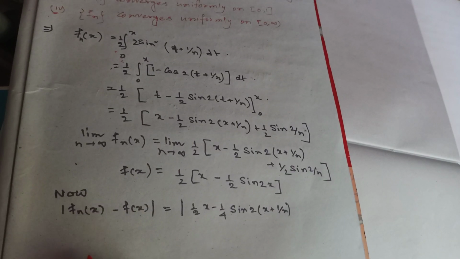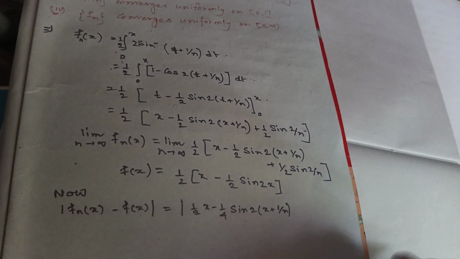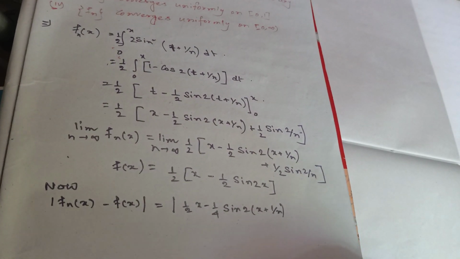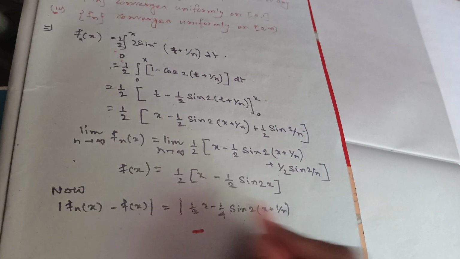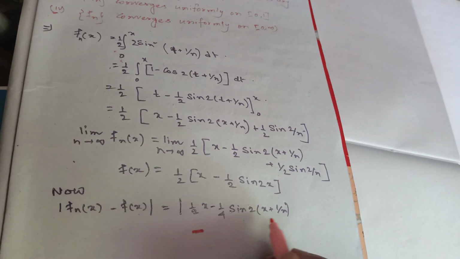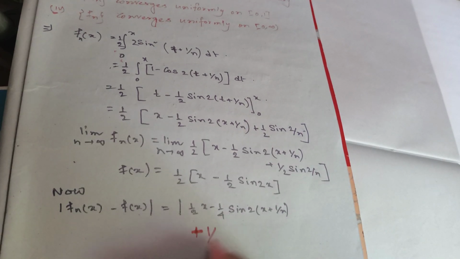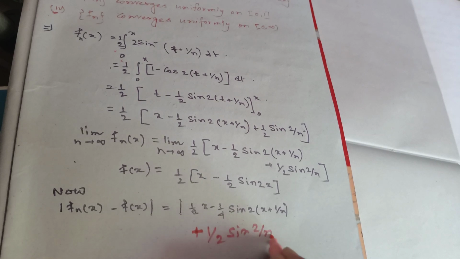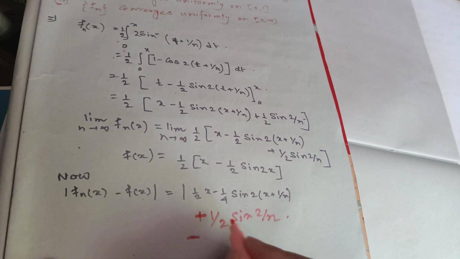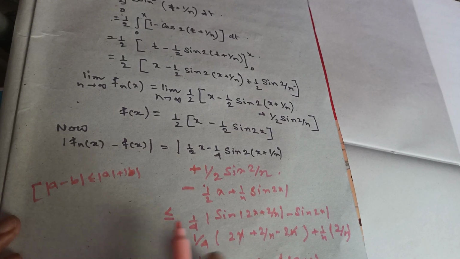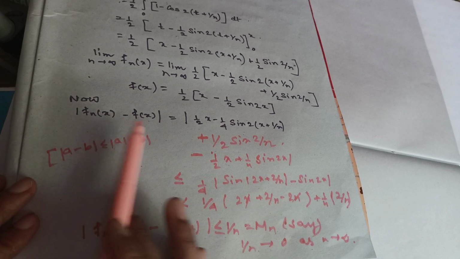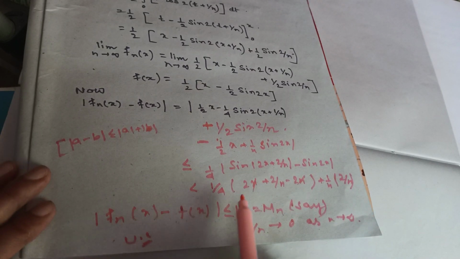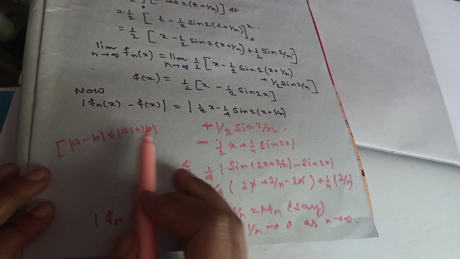Now find mod f_n(x) minus f(x). We get the expression with 1 by 2 sine 2 by n minus the limit, and apply mod a minus b less than or equal to mod a plus mod b.